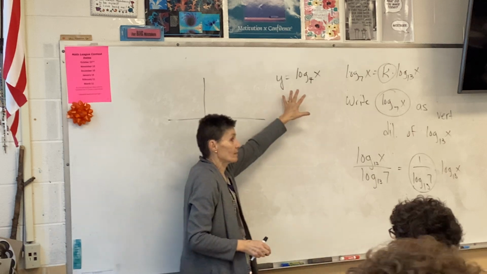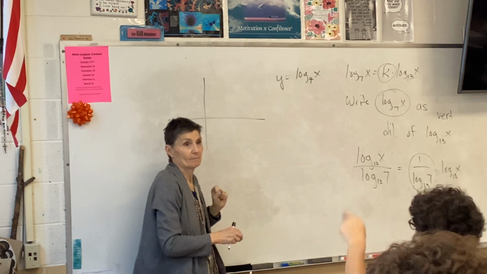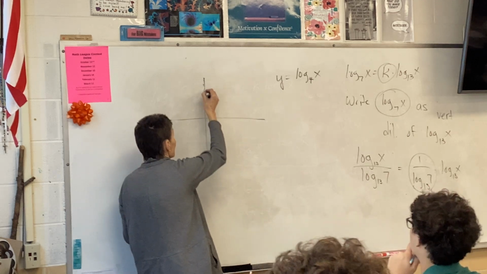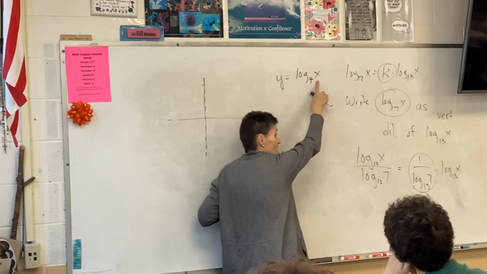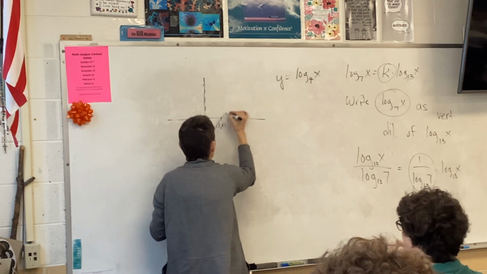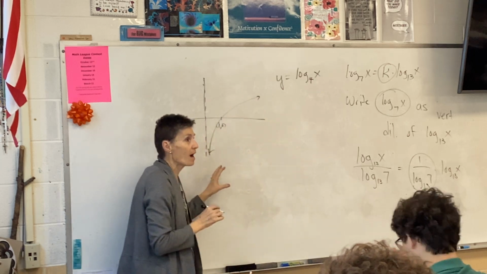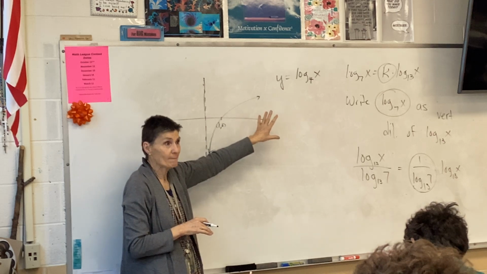What does a regular, basic logarithm look like? It has an asymptote at 0 because x has to be bigger than 0. It has an intercept at 1, and it looks like this. Now, this is not what the problem looks like, but that's your basic logarithm, right?